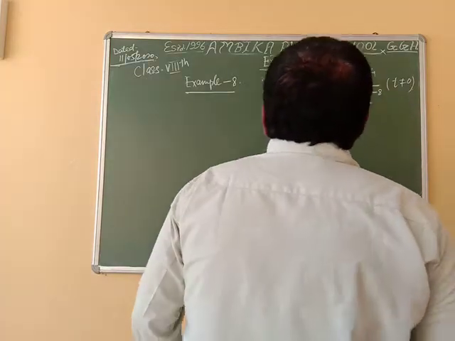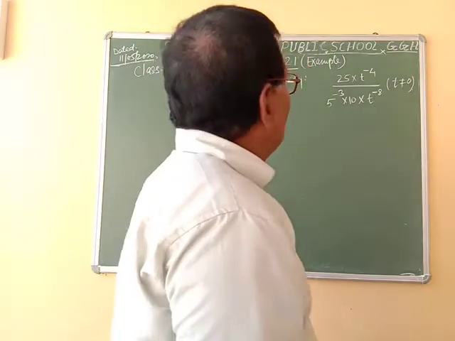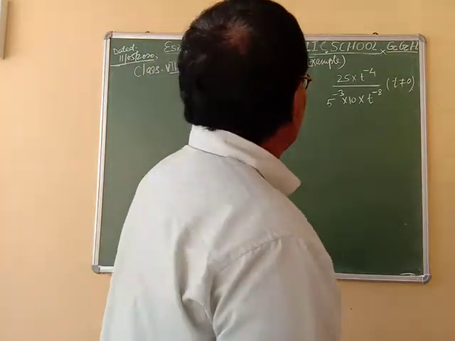You have to simplify 25 into t to the power minus 4 by 5 to the power minus 3 into 10 into t to the power minus 8.